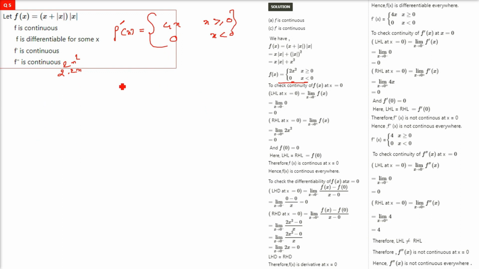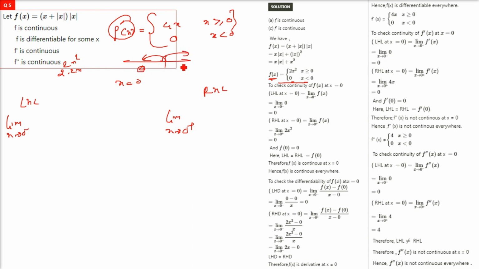Now we'll check the left hand derivative and right hand derivative, or you can say the left hand limit and right hand limit of the derivative. We checked it for fx. Now we are checking it for f dash x. So limit x tends to 0 minus, limit x tends to 0 plus. 0 minus means you are going on the left, so you are going to use the function as 0.